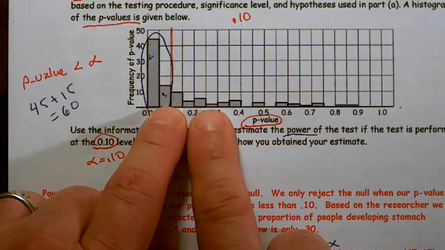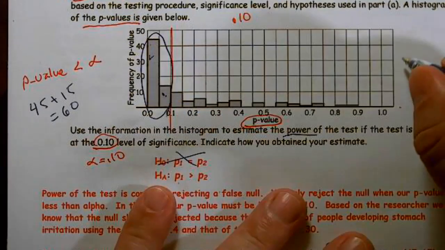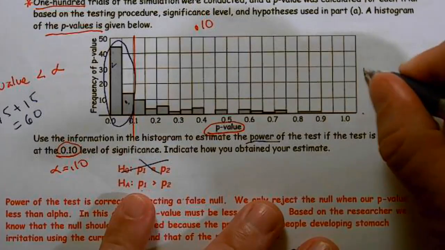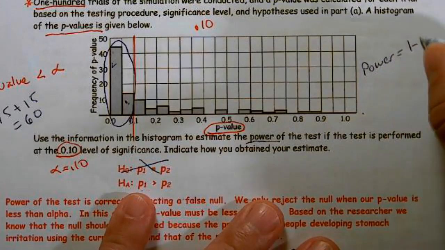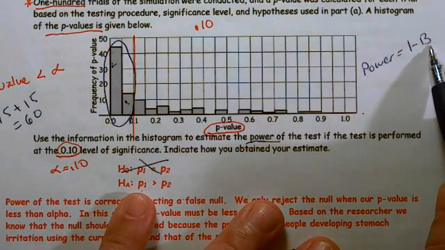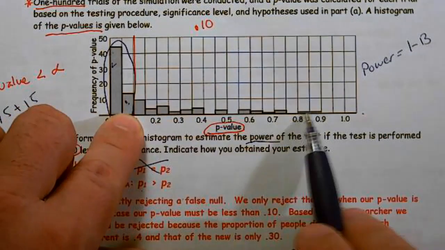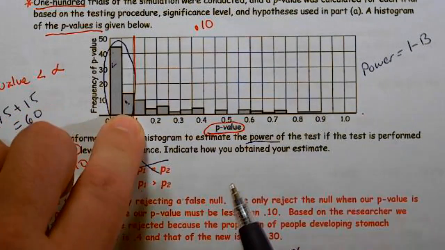One other thing to point out, and every year I put this on a test and someone does this: we know that power equals 1 minus beta. Beta was a failure to reject, and someone will actually try to add these up and subtract from 1. And guess what? That's absolutely correct.